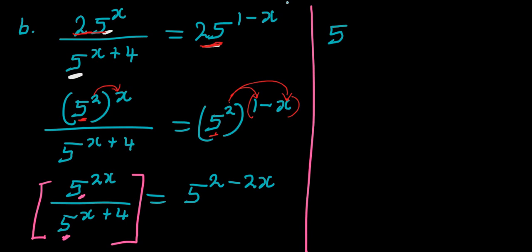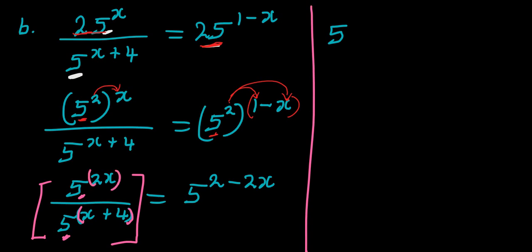5, and then subtract the exponent of the denominator from the exponent of the numerator. The exponent of the denominator is this. So subtract this from the numerator.